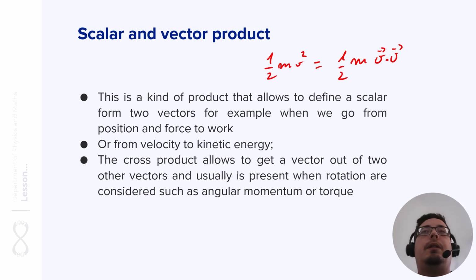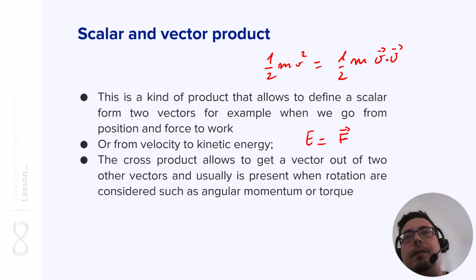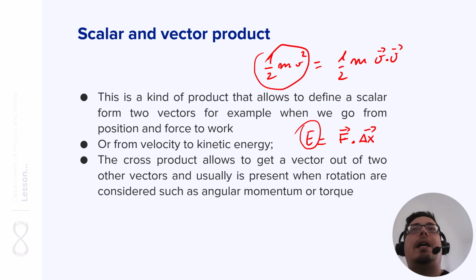But also the work, the energy done by a force over a distance, force scalar displacement dx. This is a scalar product as well. So all these are ways to compose vectors in order to get a scalar, which is a meaningful scalar because it doesn't depend on the observer. And this is very important. Usually scalars do not depend on the observer, while vectors do.